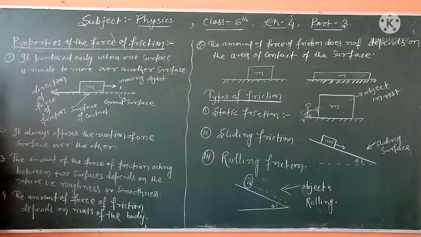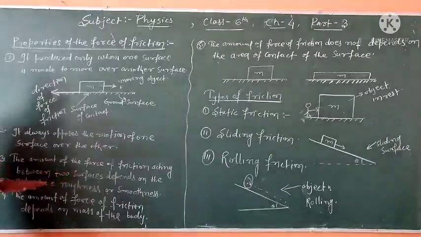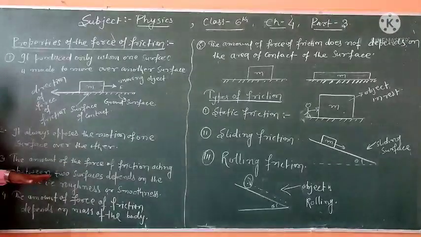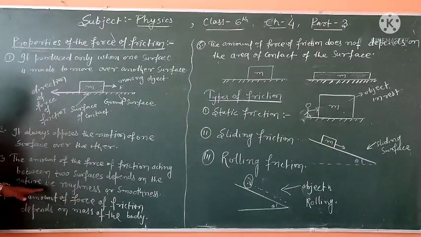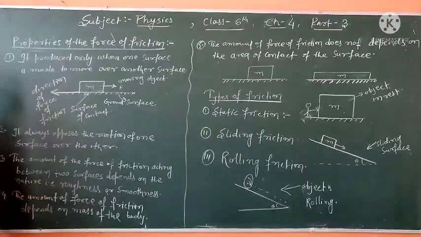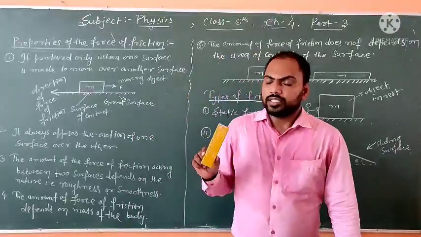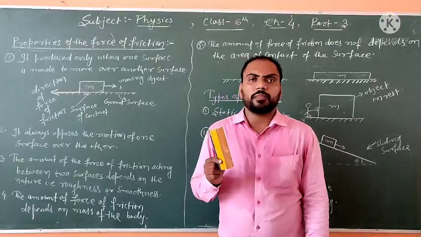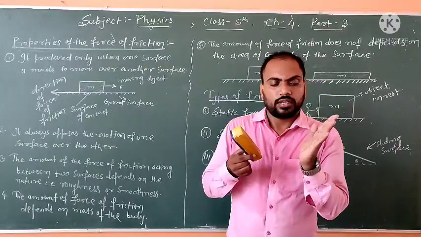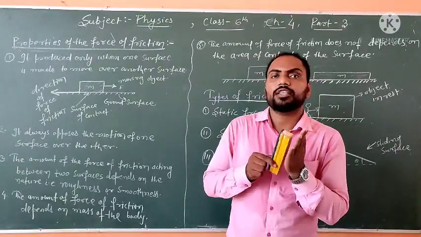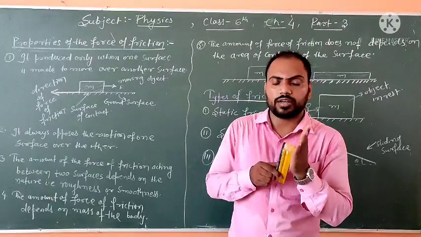Okay, the amount of force of friction acting between two surfaces depends on the roughness or smoothness of the surface. So simply, the force of friction depends on the roughness and smoothness of the surface.